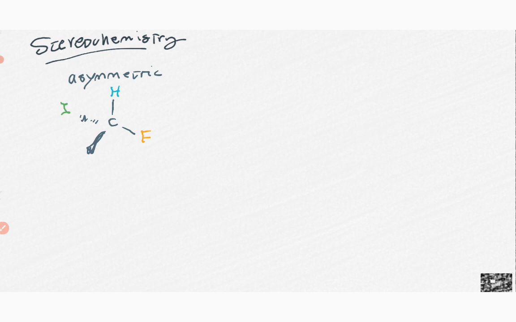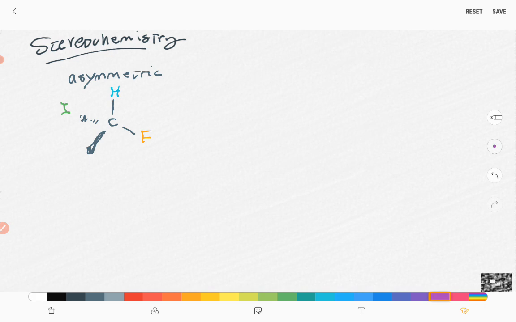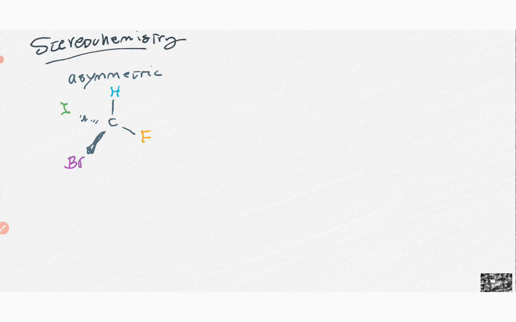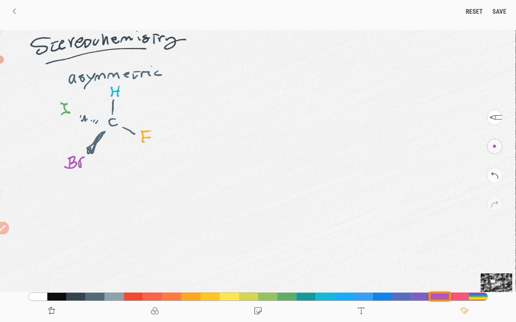Here you have iodine, for example, and here bromine. So we talked before that this kind of molecule is an asymmetric molecule. It means that when you superimpose this molecule on its mirror image, they will not be similar.